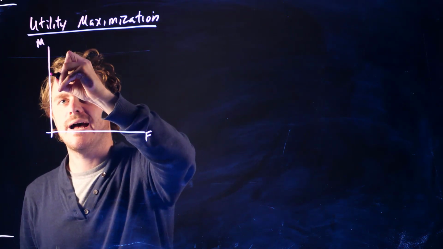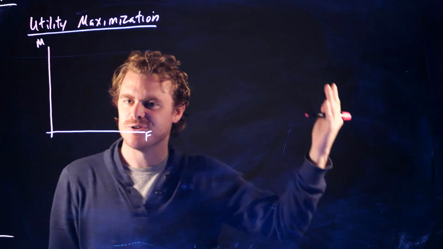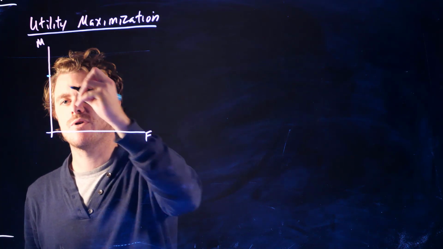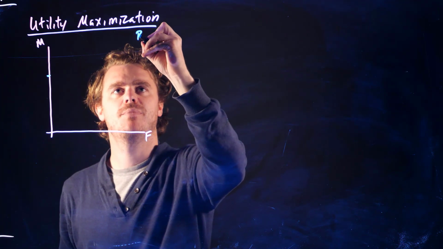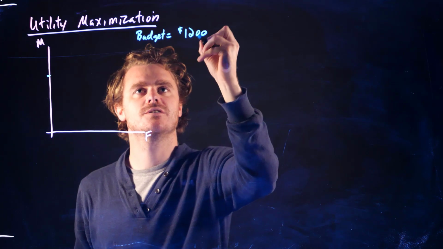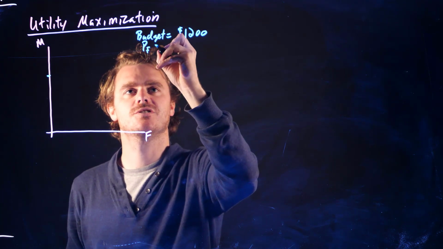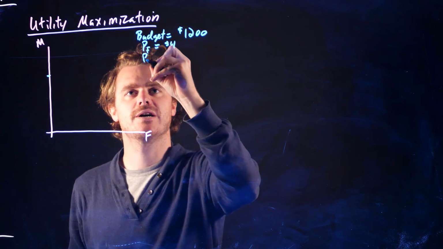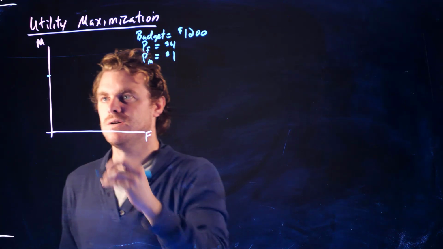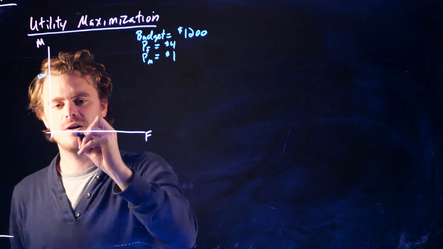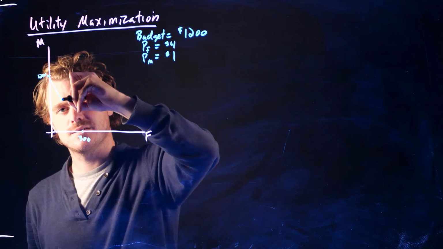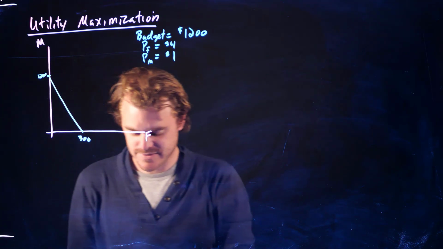If we assume that first scenario is true, where our budget equals $1,200, the price of fish equals $4, and the price of mangoes equals $1, this intercept would be 1,200, this would be 300, so we'd have this as our budget constraint.